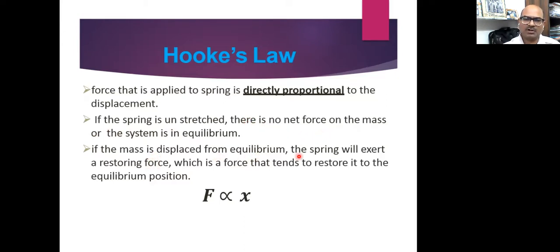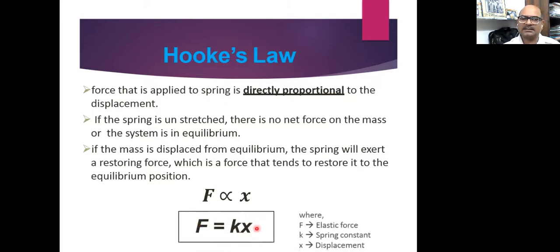If the mass is displaced from the equilibrium, the spring will experience a restoring force, which is directly proportional to the displacement from the equilibrium position. F is equal to kx, where k is the spring constant, F is the elastic force and x is the displacement. This is the simple notion of Hooke's law, and this is the restoring force in a spring system.